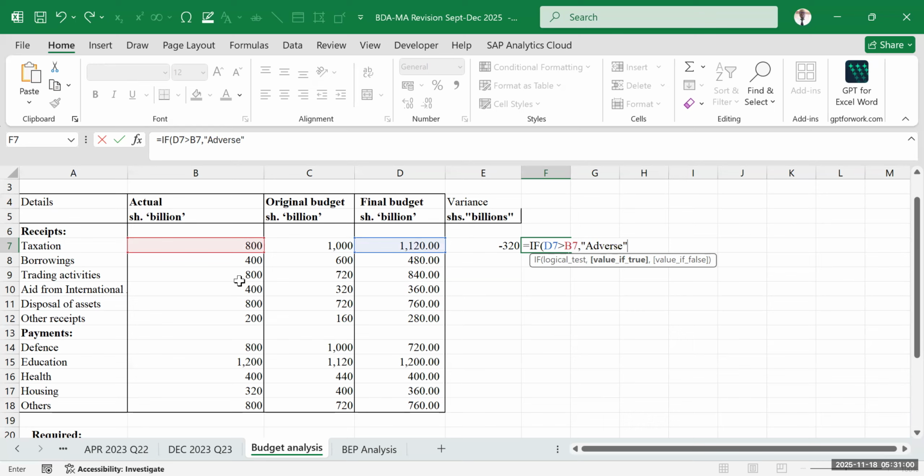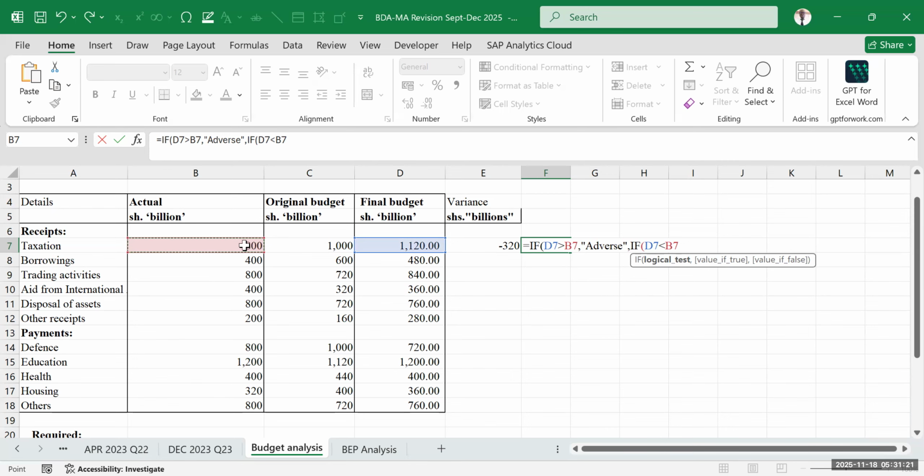But if this final budget is less than what I've received in actual sense, meaning I've gotten something better.